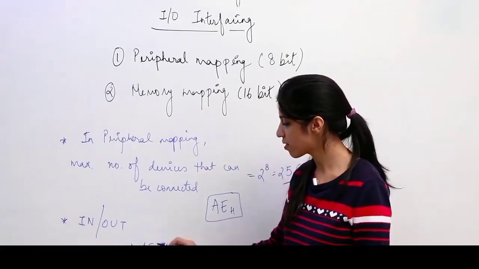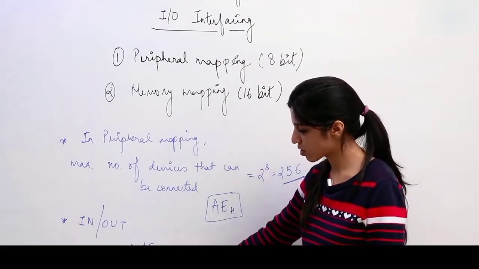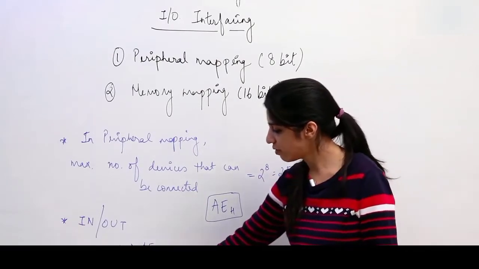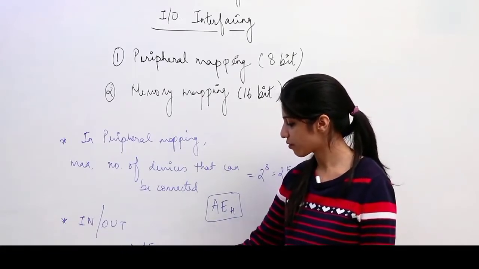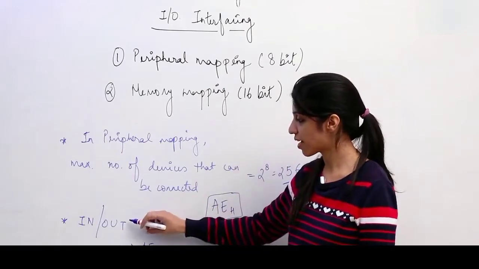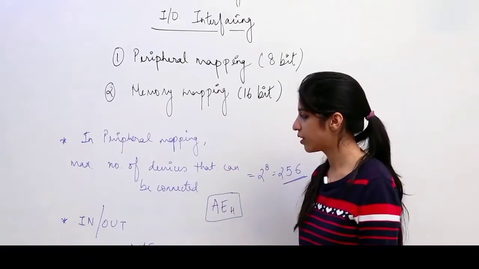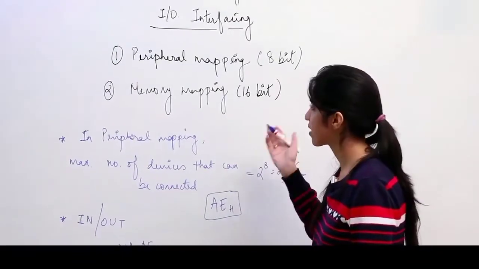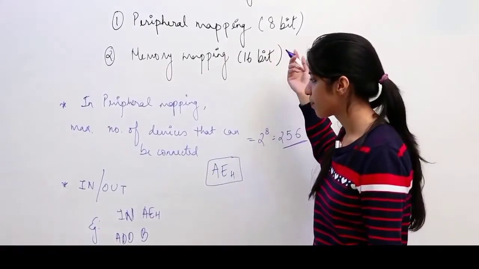So we take the input data from the keyboard, add the contents of register B to this data, and then output it at CF, the screen connected at CF. This is how, using instructions like IN and OUT, we can input or output data from any device connected to the peripheral. Each device is going to have an 8-bit long address.